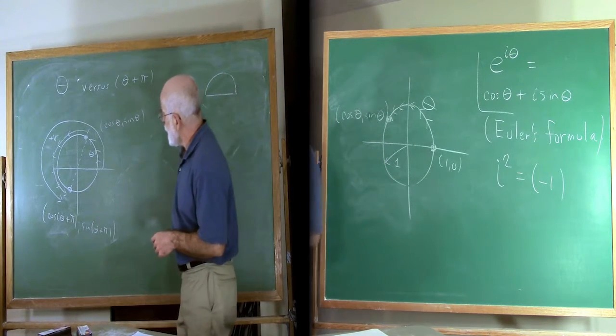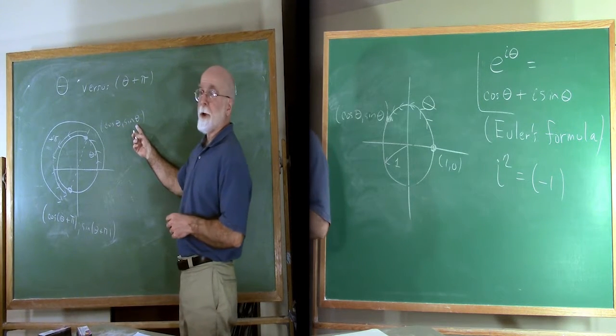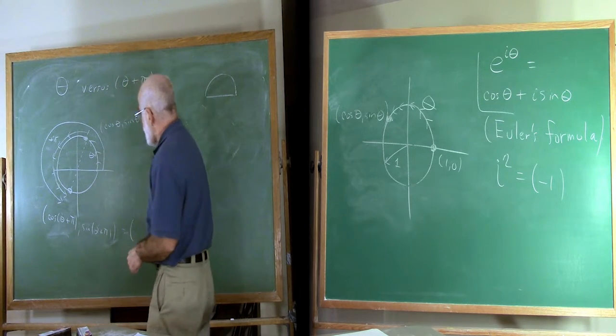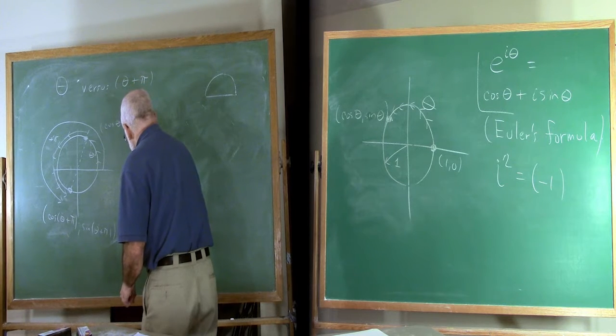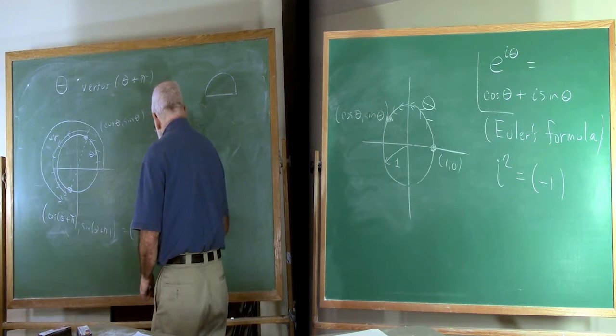Reflecting through the origin has the effect of hitting each coordinate with a negative 1. The theta plus pi, cosine and sine, corresponds to negative cos theta, negative sin theta.